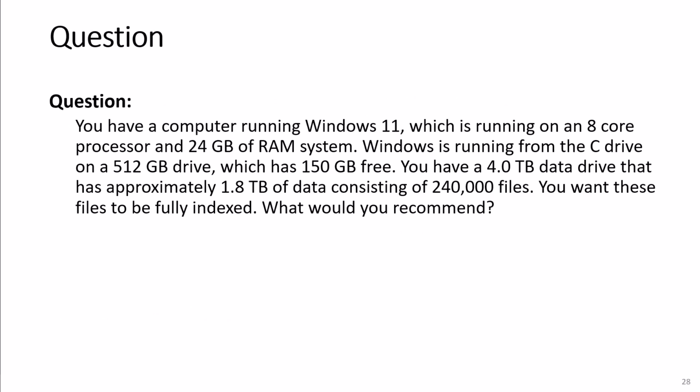Question. You have a computer running Windows 11, which is running on an 8-core processor and 24 gigabytes of RAM. Windows is running from the C drive on a 512 gigabyte drive, which has 150 gigabytes free. You have a 4 terabyte data drive that has approximately 1.8 terabytes of data consisting of 240,000 files. You want these files to be fully indexed.